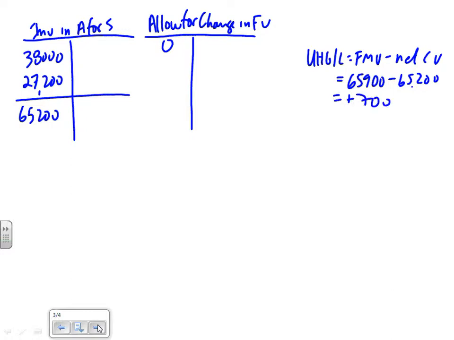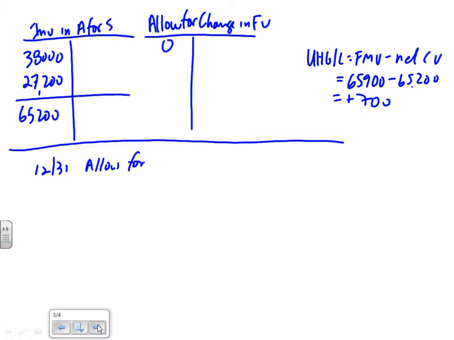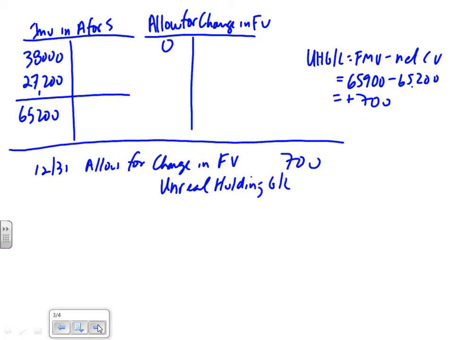And right, with available for sale securities, what I'm going to do at 12/31 is use this valuation account, allowance for change in fair value, $700, unrealized holding gain and loss, $700. And now remember, this goes to OCI.